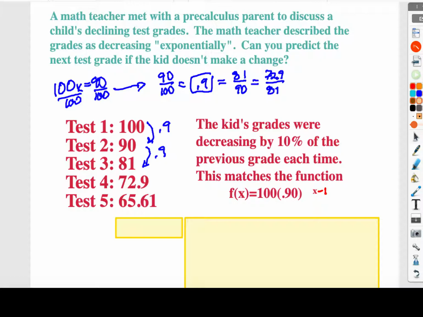So we might have to say a little minus 1 there. We plug in 1 for test 1, then we get 100 times 0.9 to the 0 power. Well, that's just 100. But after that, it's going to multiply by 0.9 to the first, 0.9 to the second, 0.9 to the third. It's going to work from number to number as we work our way down.